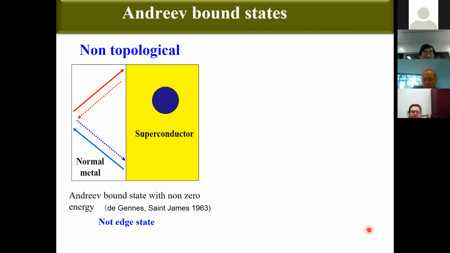But in a normal metal spin singlet s-wave superconductor junction system, the position of the Andreev bound state is quite sensitive to, for example, length or transparency, various things. Such an Andreev bound state is not called a topological Andreev bound state, and it depends on various boundary conditions.